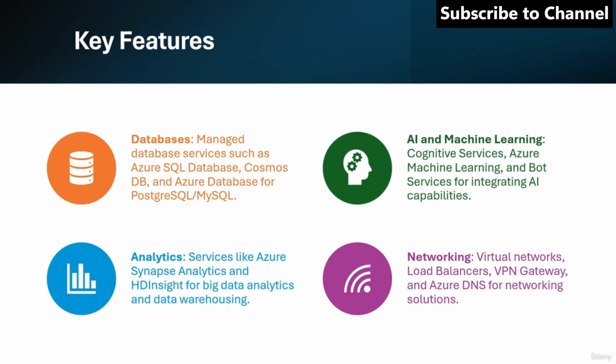AI, machine learning, cognitive services, Azure ML, bot services, and integrating AI capabilities. Analytics services like Azure Synapse Analytics and HDInsight for big data analytics and data warehousing. Networking, virtual networks, load balancers, VPN gateway, and Azure DNS for network solutions.